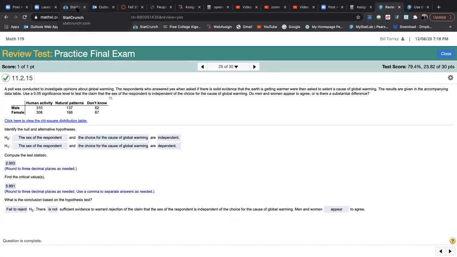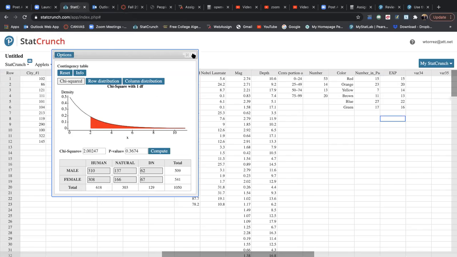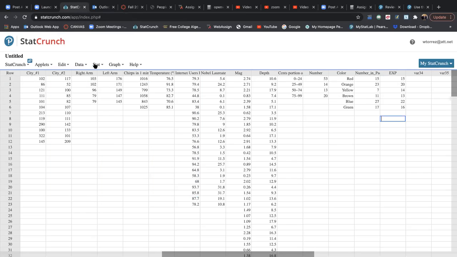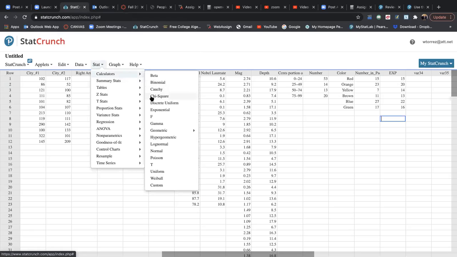And now we've got 2 rows and 3 columns. So our degrees of freedom for the test for independence is R minus 1 times C minus 1. So that's 1 times 2, or 2. Okay? So our degrees of freedom is calculated to be 2. And now let's go into our calculator for chi-square.